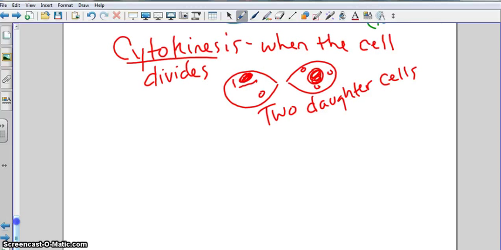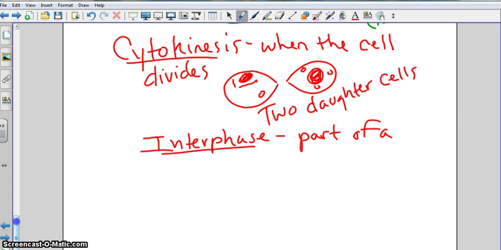Each of these daughter cells is going to go back to what we call interphase. Basically, interphase is the part of a cell's life cycle where it's not dividing.